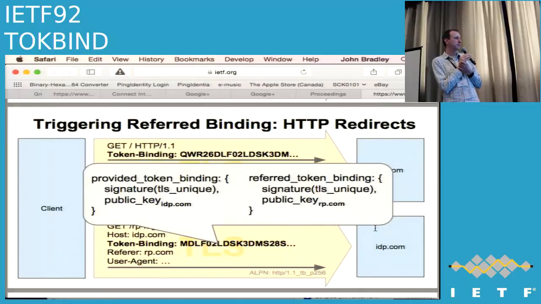It's the TLS unique between the user agent and the IDP, because remember, the TLS unique here is the thing that we pick to sign so that the server can verify the signature. Okay, so it's the same TLS unique signed in both of those, but by different public keys. Correct. Yeah, I mean signed by the private key, obviously.